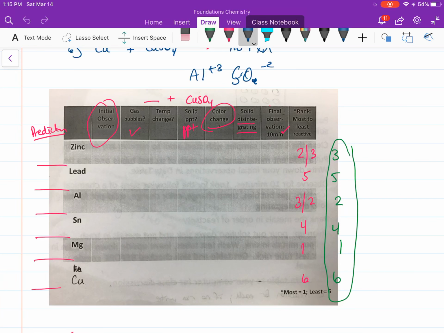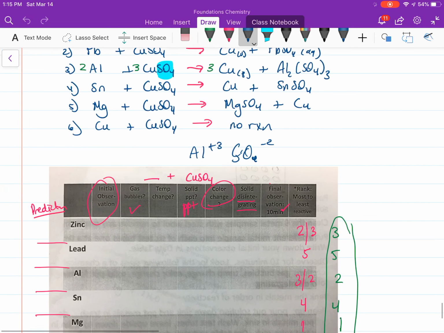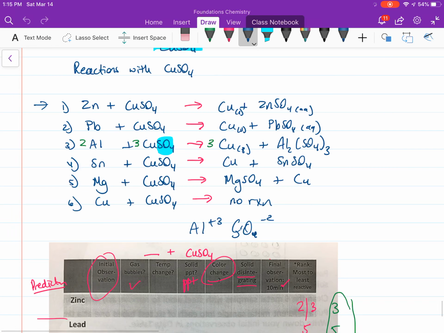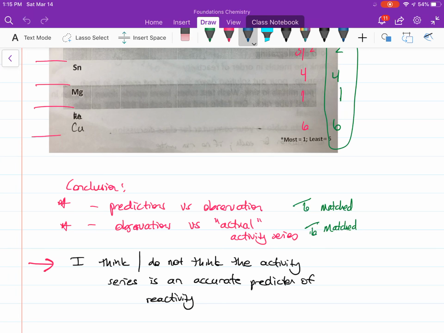We compared our predictions. Now, if you read the activity series correctly, your prediction and what you actually saw was perfect. You got 6 out of 6 on your predictions. And of course, copper reaction 6 did not occur because copper can't replace itself in copper sulfate. I mean, why would you do that?